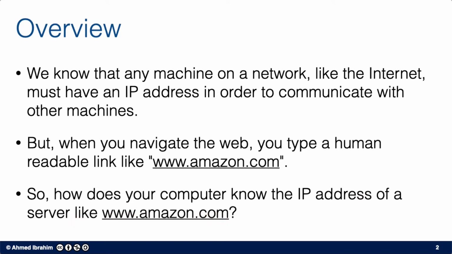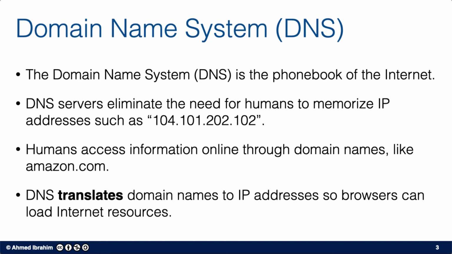So how does our computer know the IP address of a website like www.amazon.com? Our computers use something called the Domain Name System, or DNS, that is like the phone book of the internet. The DNS eliminates the need for humans like us to memorize IP addresses such as 104.101.202.102. We cannot keep memorizing IP addresses for all the websites that we want to go to.